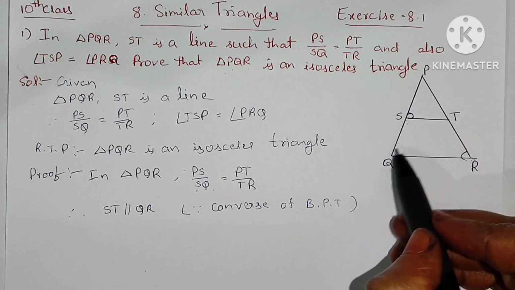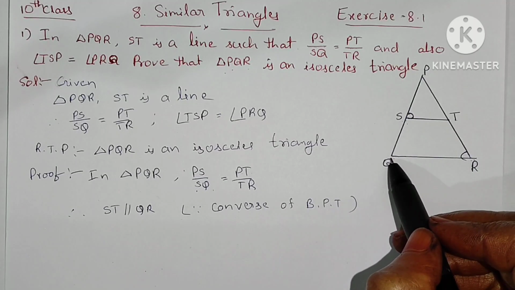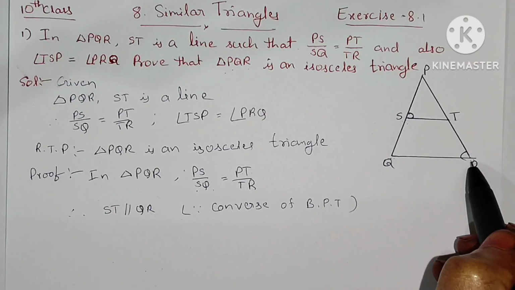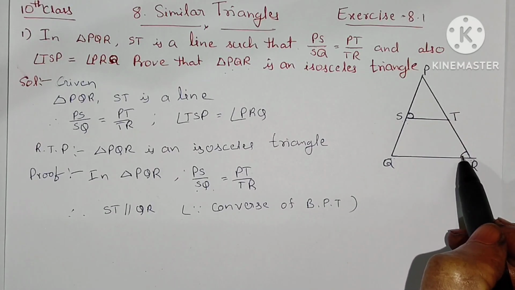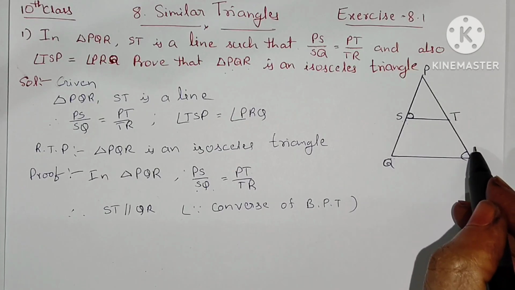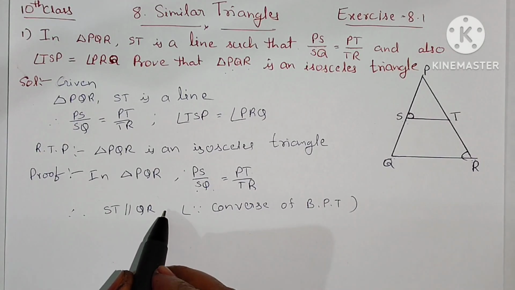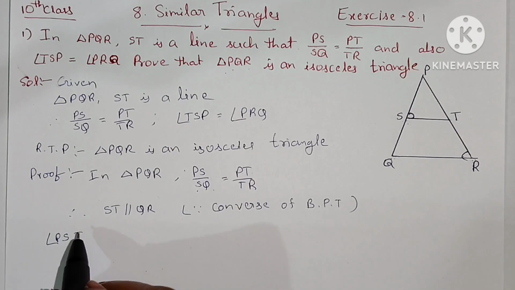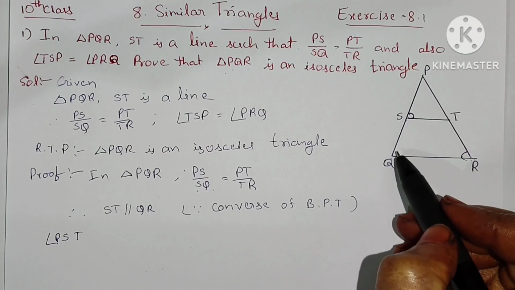Here SQ is an intersecting line, so these two angles are equal. Taking TR as the intersecting line, this angle and this one are equal. So since ST is parallel to QR, angle PST equals angle PQR.